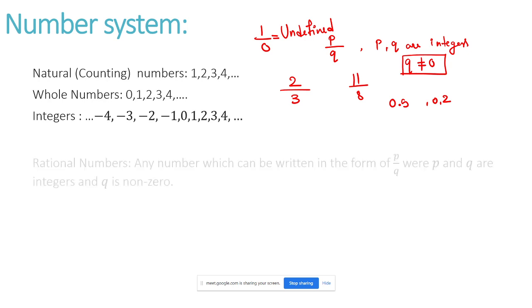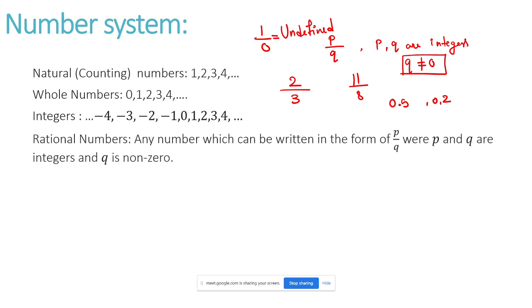But over here, how do I define the rational number? Any number that can be written in the form of p by q, where p and q are integers and q is not equal to 0. Apart from them, can I say 0.5 is a rational number? Yes, it is a rational number because I can write 0.5 as 1 by 2.